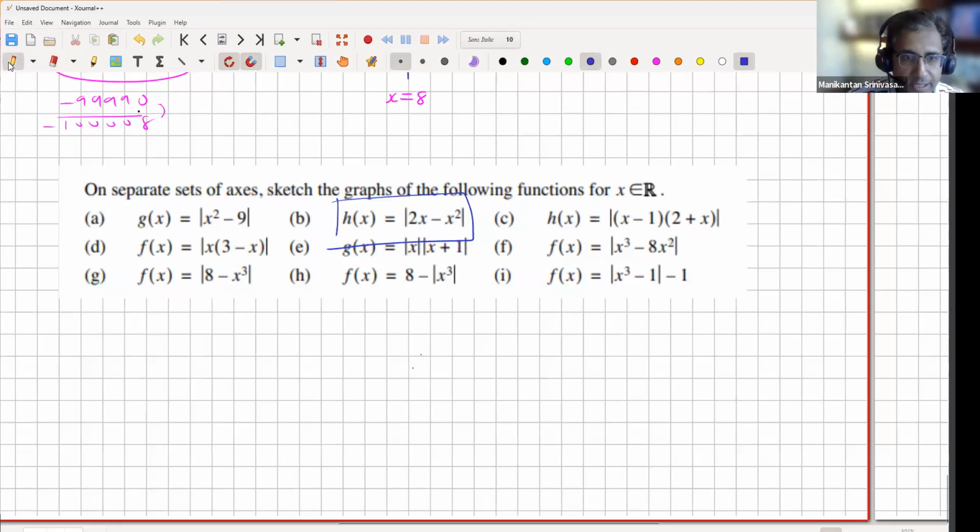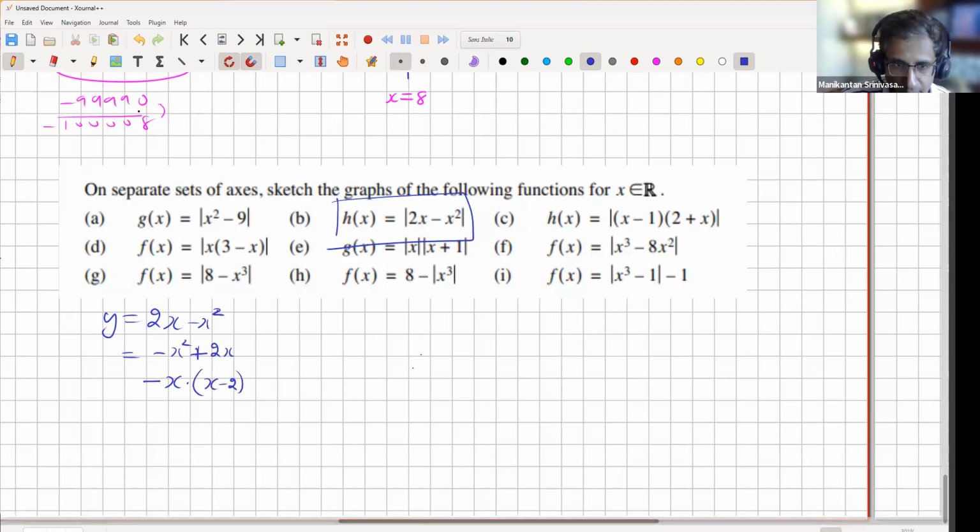Okay, so let's plot y equal to 2x minus x square first, right? Which is just a simple quadratic. I can write it as minus x square plus 2x, which is 0. If I factorize this, it's minus x times x minus 2, or rather minus of x minus 0 times x minus 2.